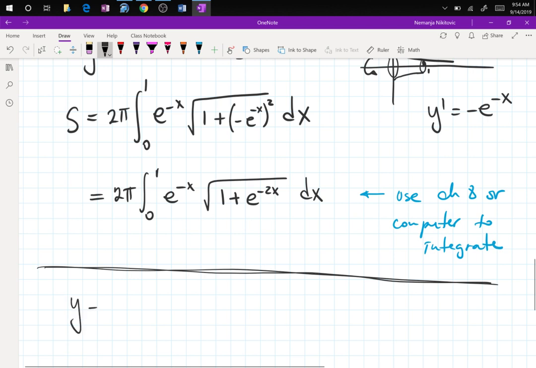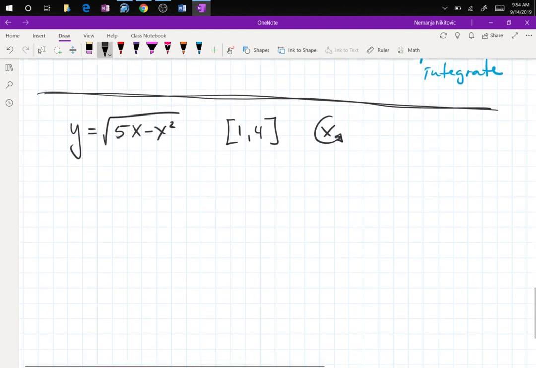So y is equal to the square root of 5x minus x squared on interval 1 to 4, and it rotates around x. All right, so previous problem we just set up. Now this over here, we are going to set up the same way and solve all the way.